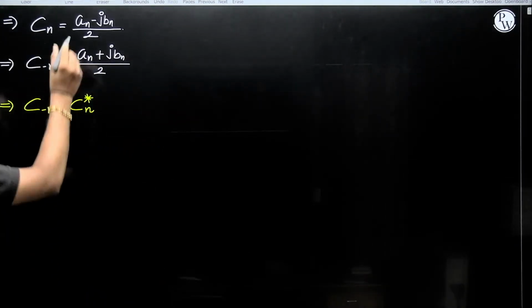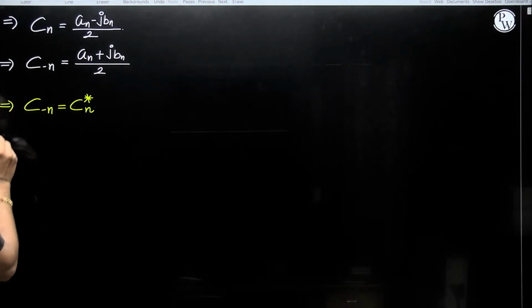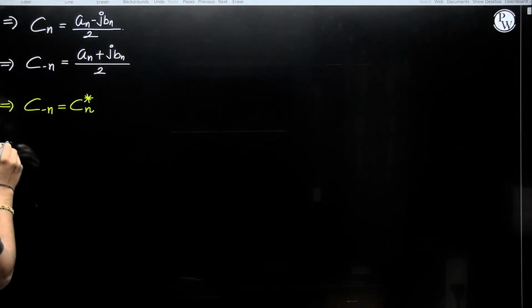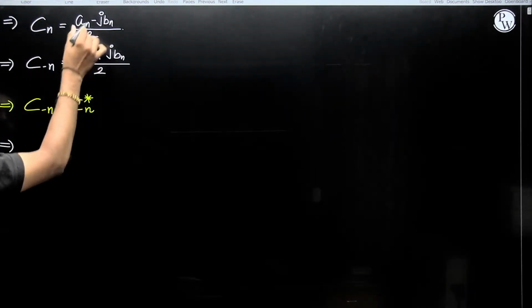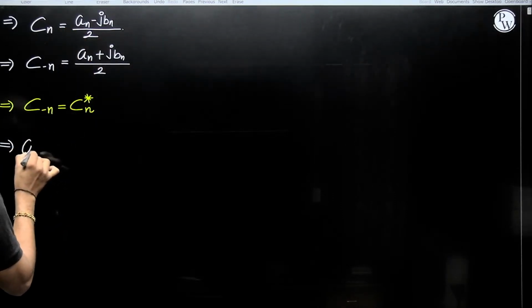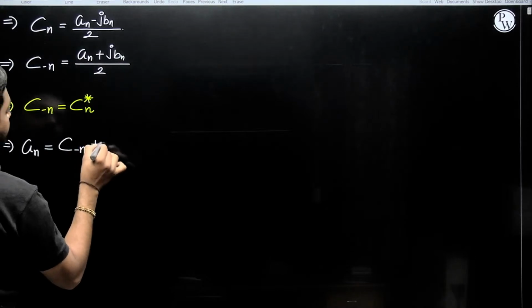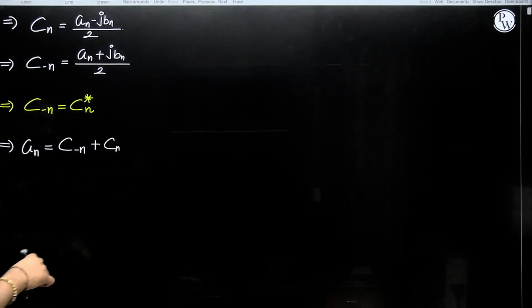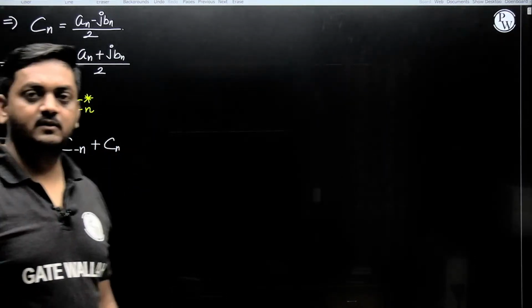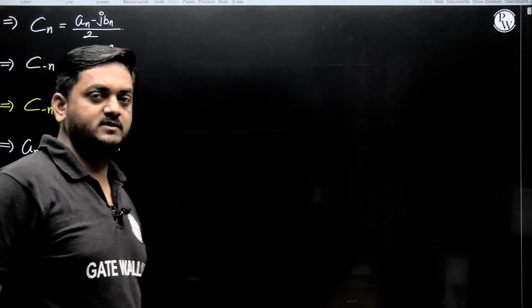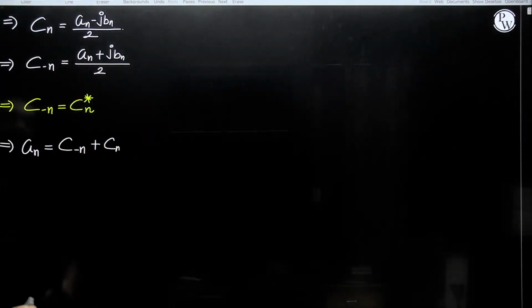Now, how to find a n and b n from c n and c minus n? Add these two equations. If we add these two, a n is nothing but c minus n plus c n. Are you getting?